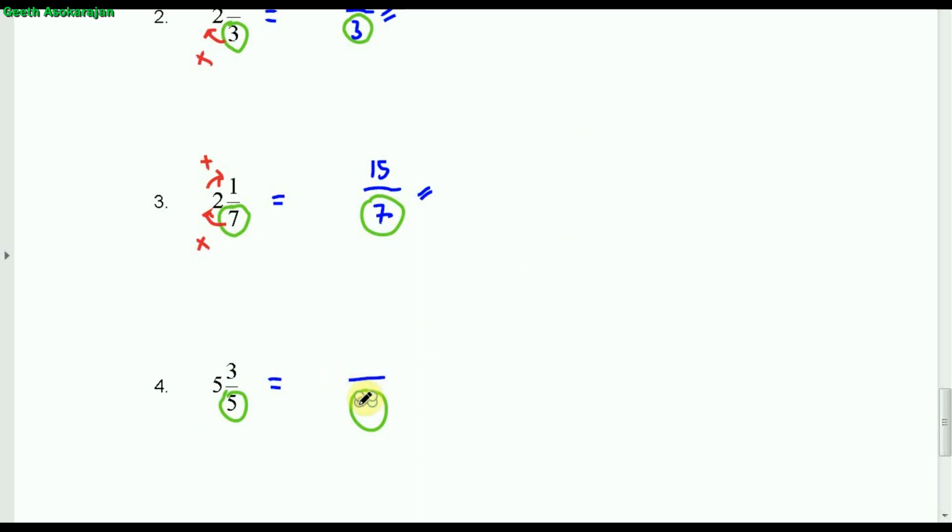So here's the 5 on the bottom, and to get the number on top, so to get the numerator term of this improper fraction, multiply the 5 by the 5 and then add the answer to the 3 on top. So let's do that. So 5 times 5, 25. 25 plus 3, 28. And you're done.